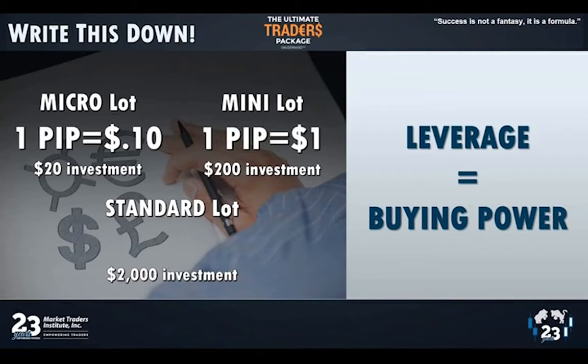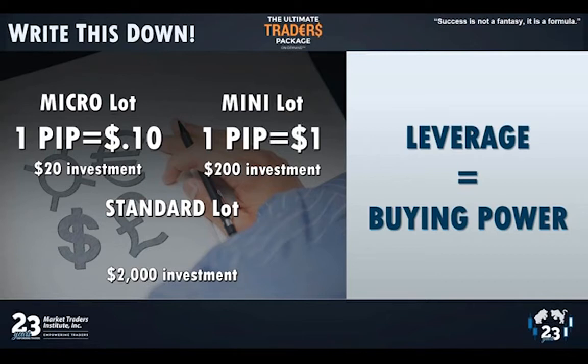Well, it starts to get really exciting when you start looking at standard lots, okay? So let's say you've been trading mini lots, and you're making money, and you're building your account up, and you decide to invest some of your earnings, okay? So now you step up and you do a standard lot trade. You make the same trade, same analysis, same amount of time and effort, okay? You invest $2,000.